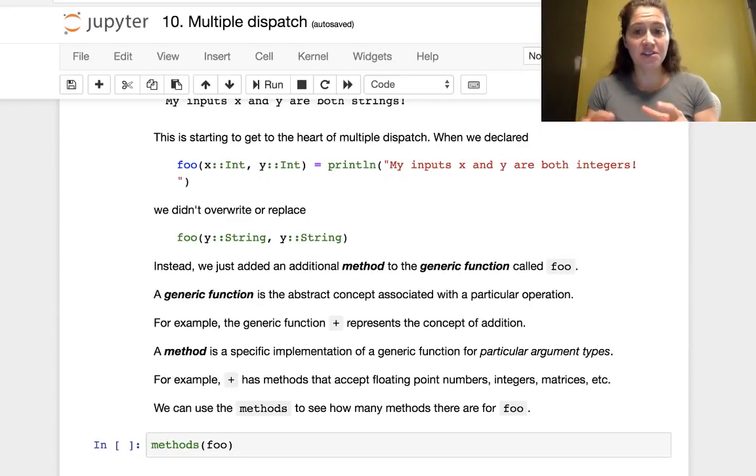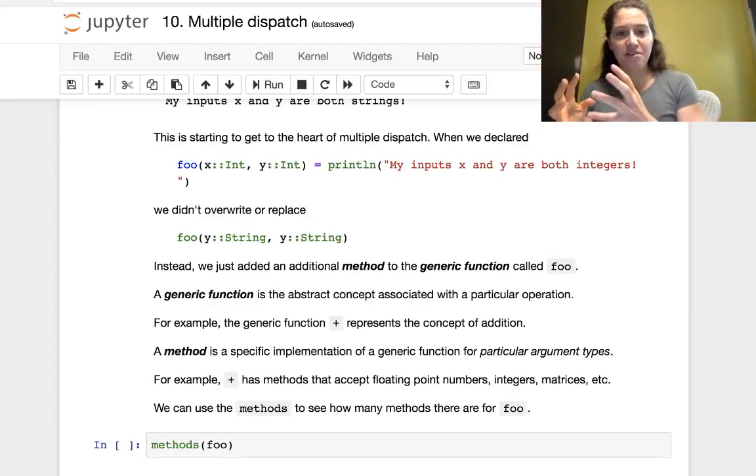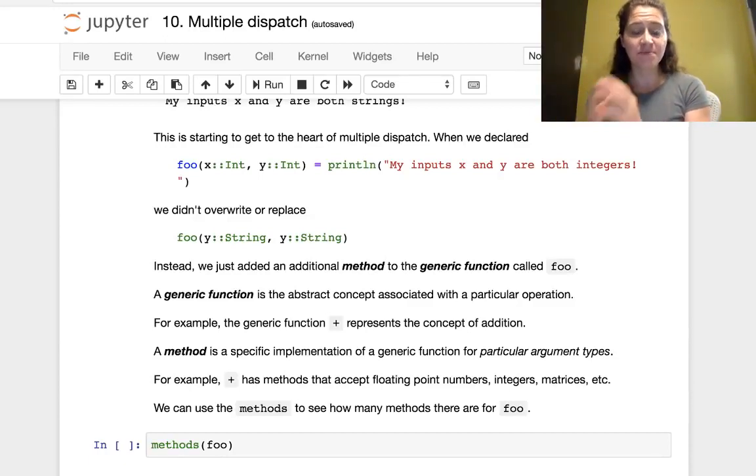Generic functions are these more loosely defined ideas associated with operations, and methods are these specific implementations for particular types.